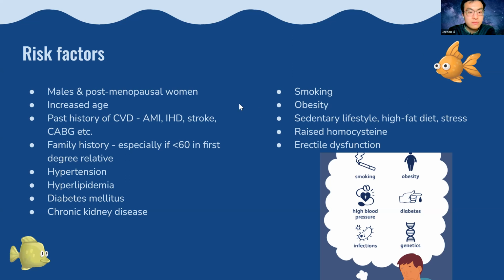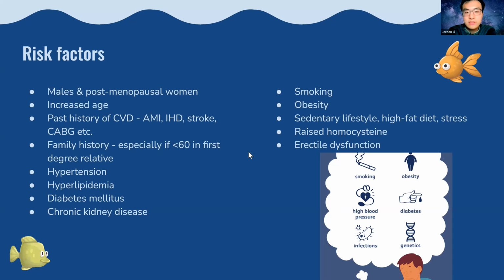Hypertension, so high blood pressure, high cholesterol and lipids in your blood, hyperlipidemia. Diabetes, chronic kidney disease, smoking makes your blood more viscous. Obesity, a sedentary lifestyle, high-fat diet, or stress can also lead to cardiac problems.